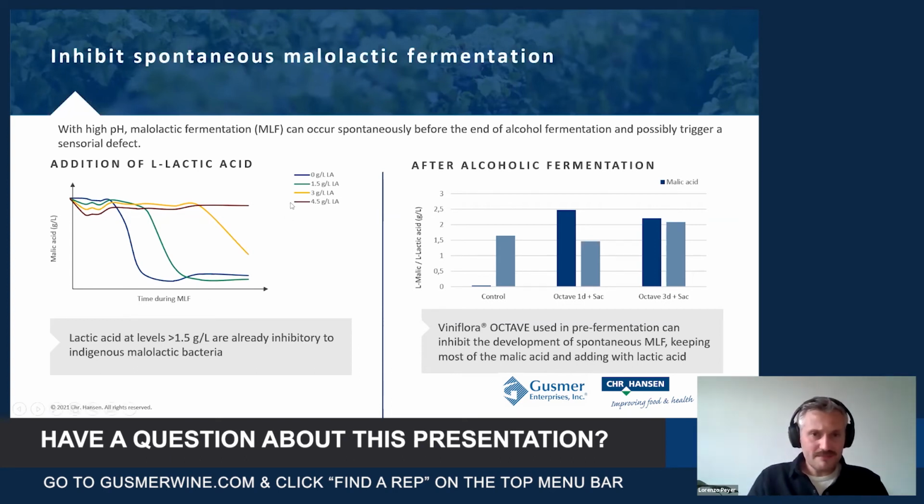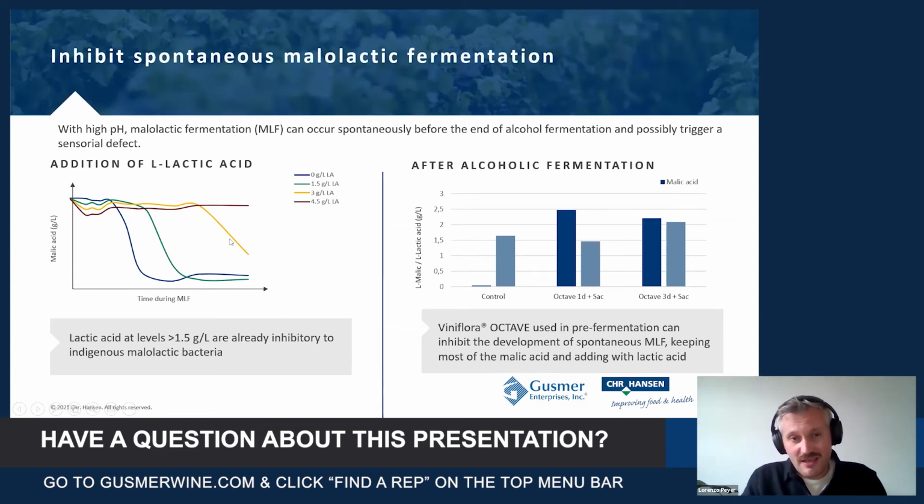And we found out that above, let's say, a level of around 3 grams per liter of lactic acid really starts to affect the lag phase for malolactic fermentation to happen.